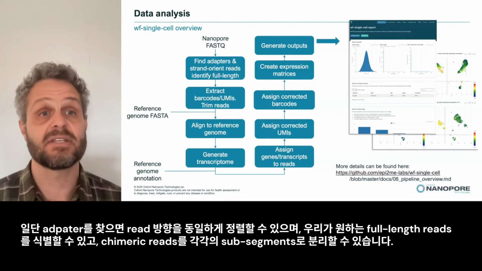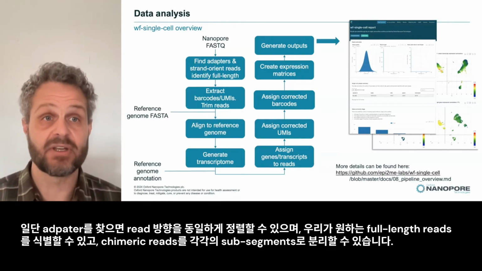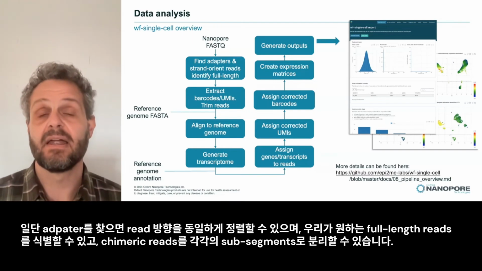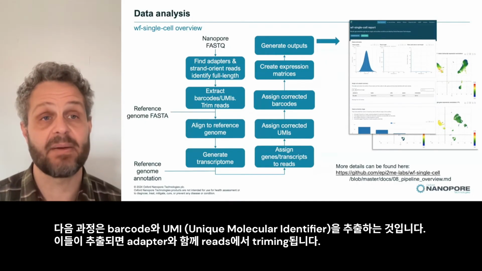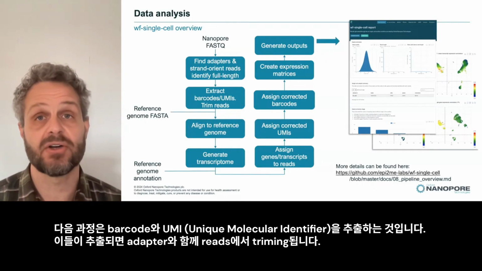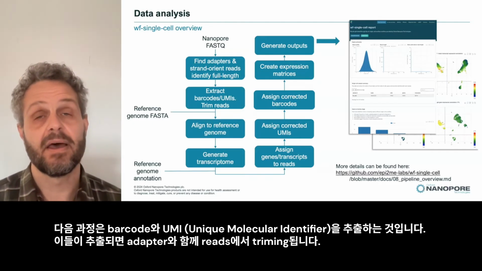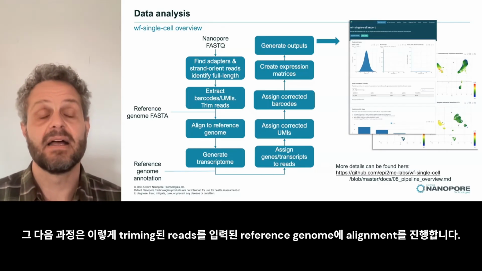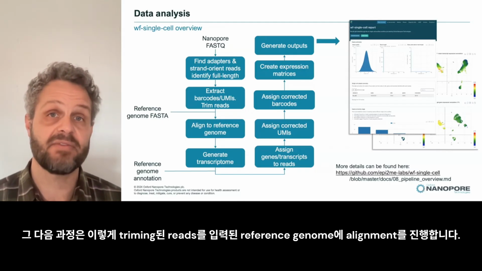Once it's found these adapters, it can strand orientate the reads so all the reads are in the same orientation, and it can identify full length reads, which is what we want, and it can split chimeric reads into sub segments. So the next step is to extract barcodes and UMIs, and once these are extracted, they're trimmed from the reads along with any adapters. And then the next step is to take those trimmed reads and align to the supplied reference genome.